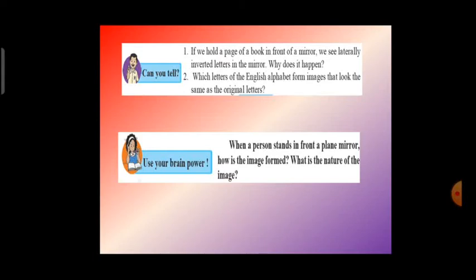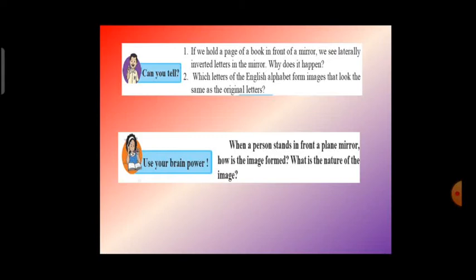Let us take this question. When a person stands in front of a plane mirror, how is the image formed and what is the nature of the image? When a person stands in front of a plane mirror, rays from his body fall on the mirror and get reflected, and thus they obey the law of reflection.